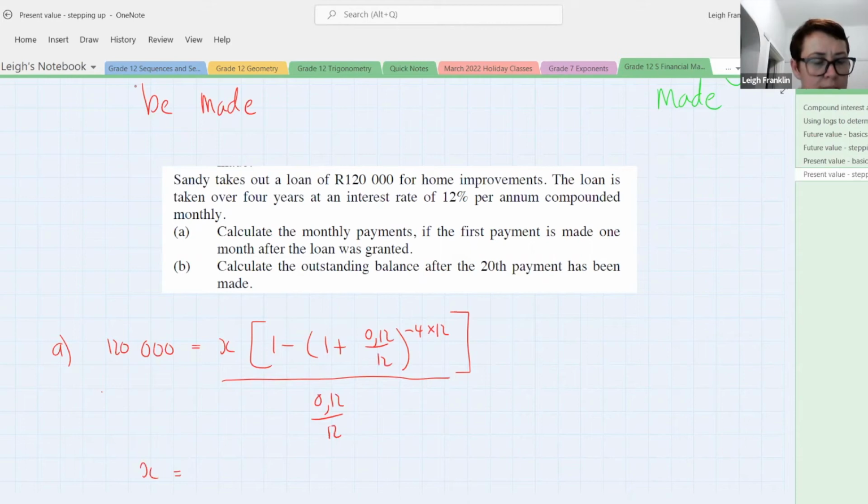So Sandy's monthly repayment is going to be, let's just work this out. You guys are obviously welcome to work it out as well. We can all check that we've got the same answer and that it's correct.